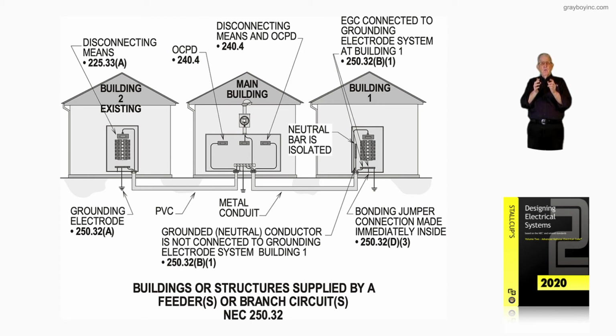So if you had now, for example, an existing building, you have to make sure that that grounded conductor run over to building number 2 meets 250.102(C)(1). So let's use the same thing. 4-aught conductors feeding building number 2 with a 225 amp main ahead of the 4-aught conductors.